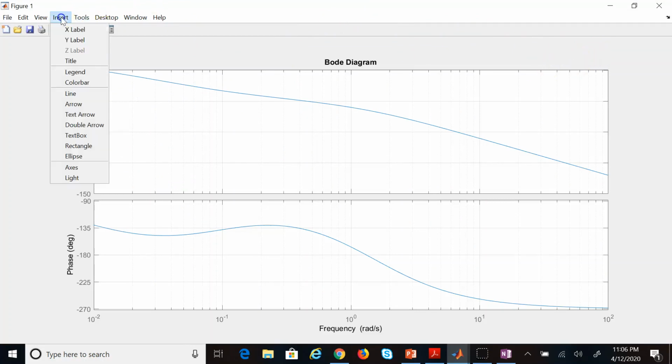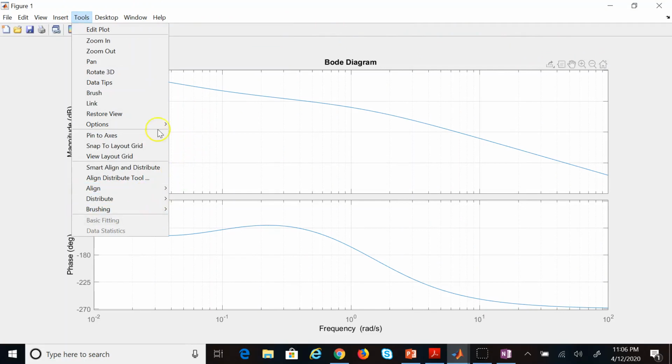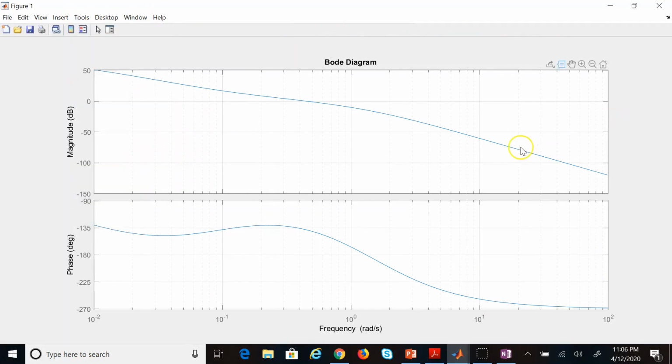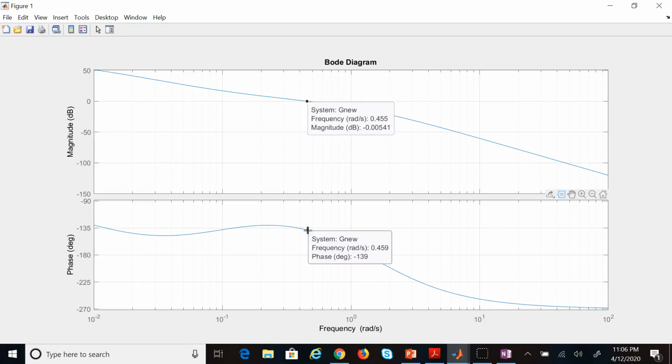You can always find it from here. That tool does not show up well. And first, where is it that gain is 0? So I guess this is the closest you can get to 0. And then at 0.445, we try to find the phase of the system, which is negative 138.